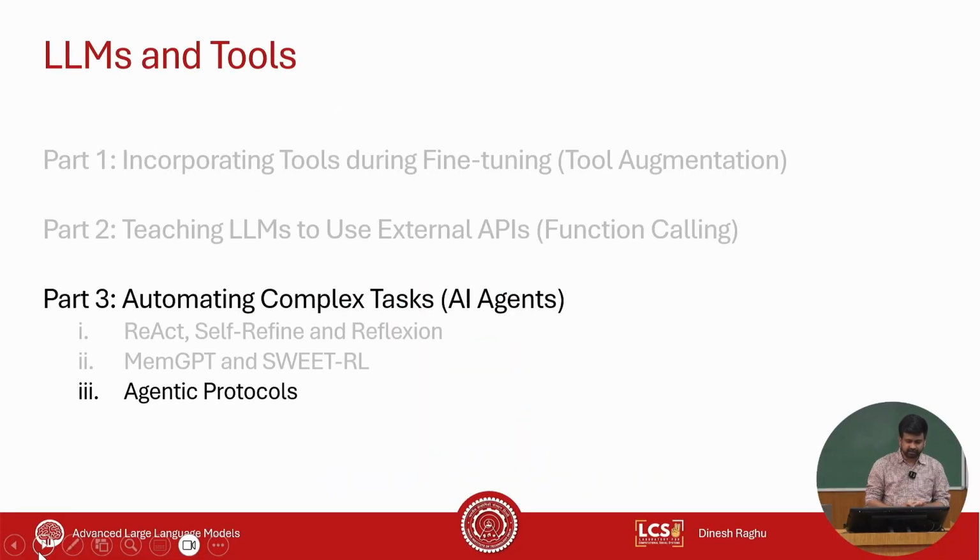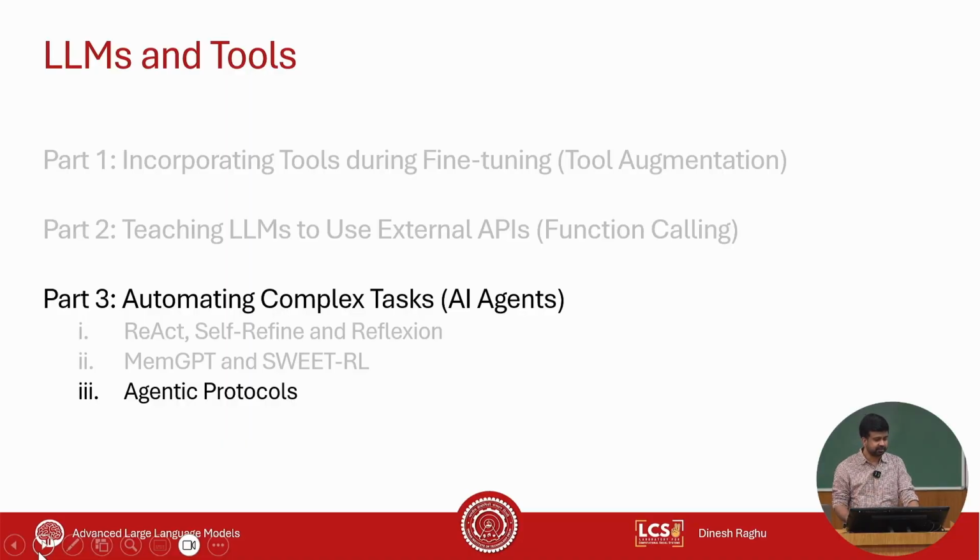All right. So far we've been looking at how we build AI agents and what components they should have. But we have very conveniently stayed away from what libraries or frameworks you would use.